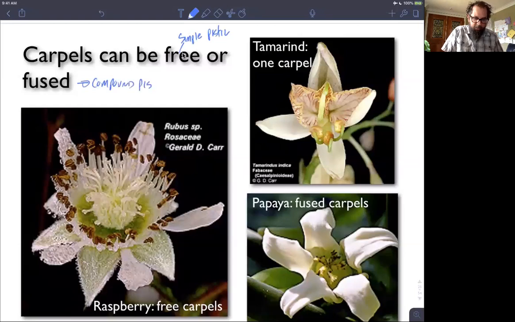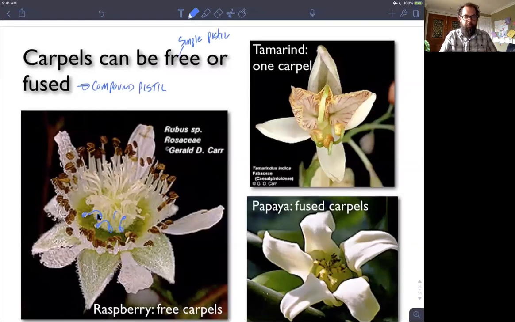And so here's a couple of examples showing the free carpels of this raspberry plant. Raspberries are related to strawberries, coincidentally. These also have many separate simple pistils, each one developing into what we think of as raspberry fruit. Well, raspberry is actually a whole group of fruits. Each one of those little round balls is one of the developing fruits from one of these ovaries in a raspberry.